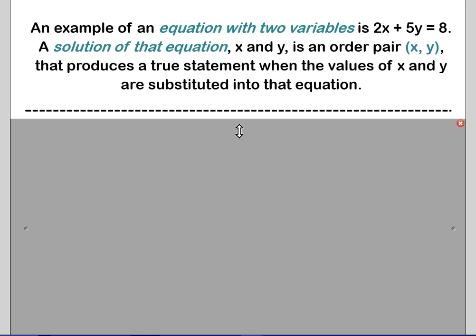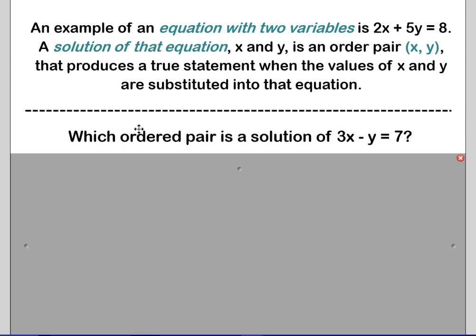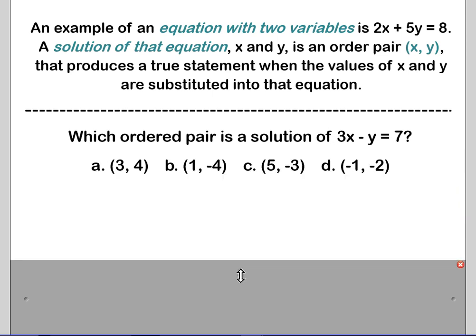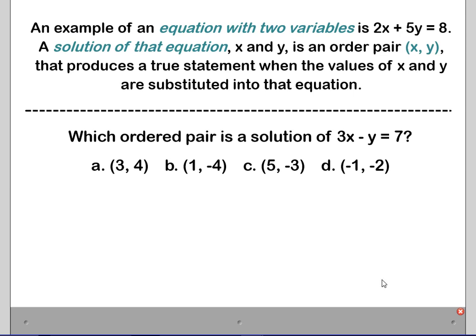All right, so for example, which ordered pair is a solution of 3x minus y equals 7? And they give us four different options here. The best way to go about solving this problem is just to guess and check.